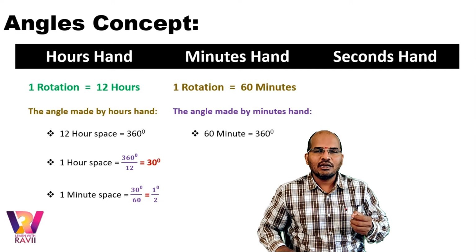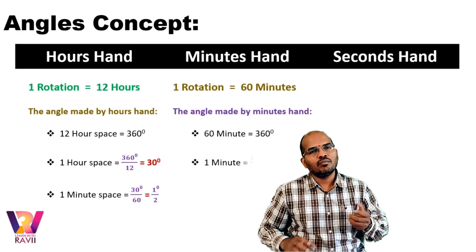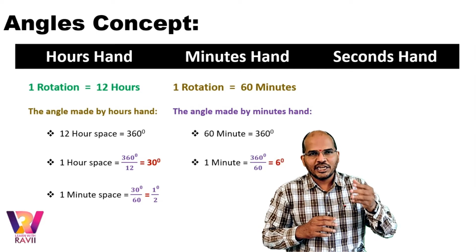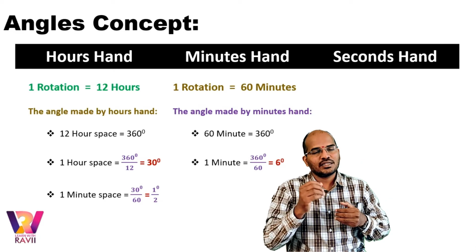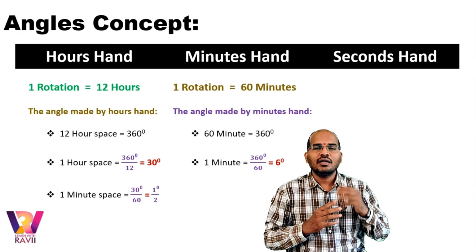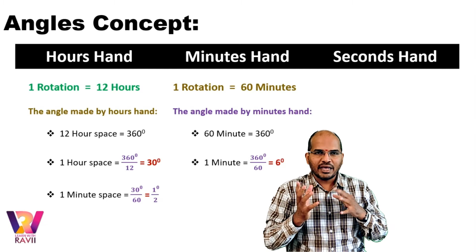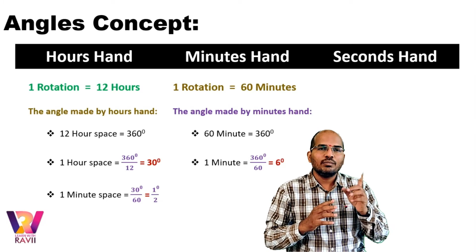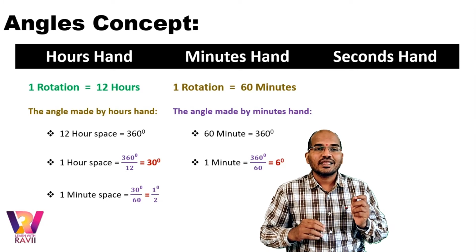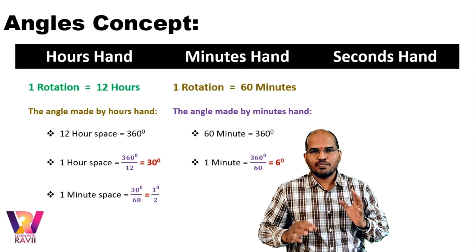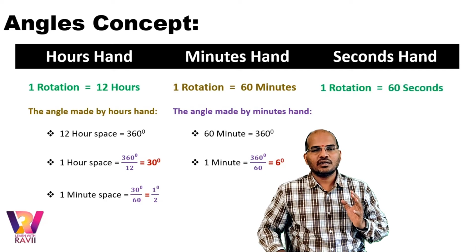Now the angle made by the minute hand in 1 minute would be 360 degrees upon 60, that is 6 degrees. So please keep in mind, the angle made by the minute hand in 1 minute space is how much? It is 6 degrees.